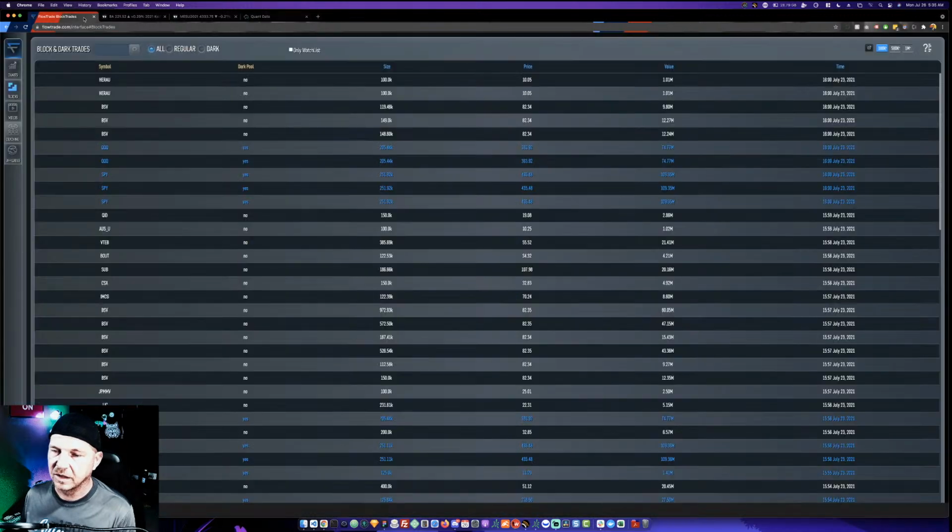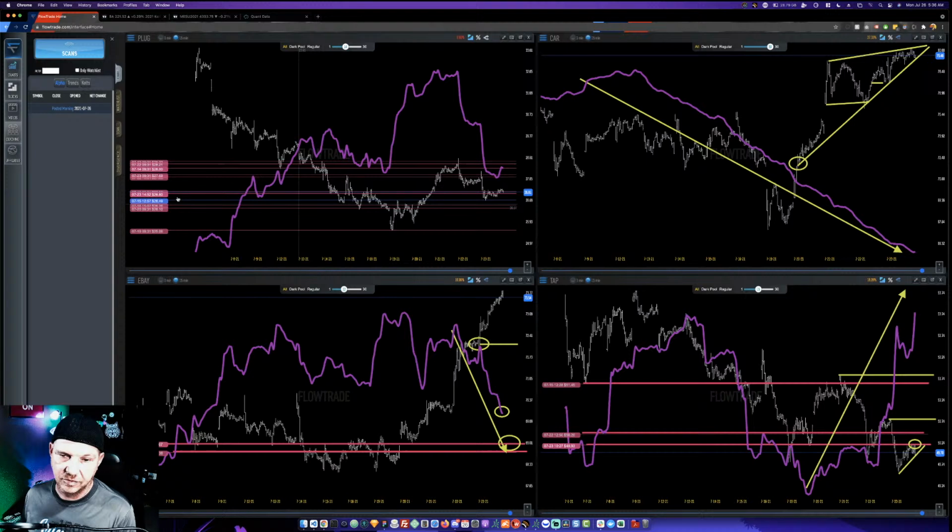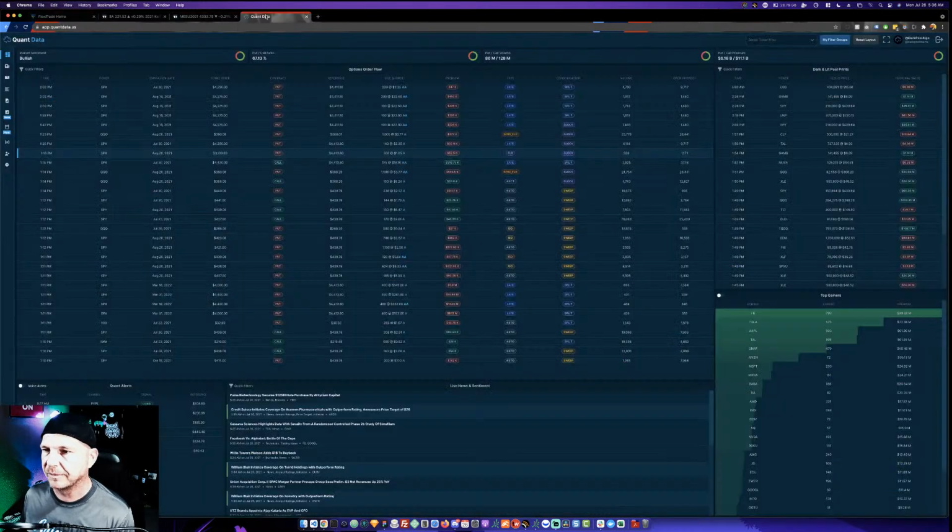Whereas with FlowTrade, we are tracking the direction of market makers and smart money, hedge funds, large institutions, what they're doing, right? So if the algo is buying, then obviously it's going to manipulate price action to buy with it. However, like Quant Data, Black Box, Flow Algo, they're reporting orders that have come through.